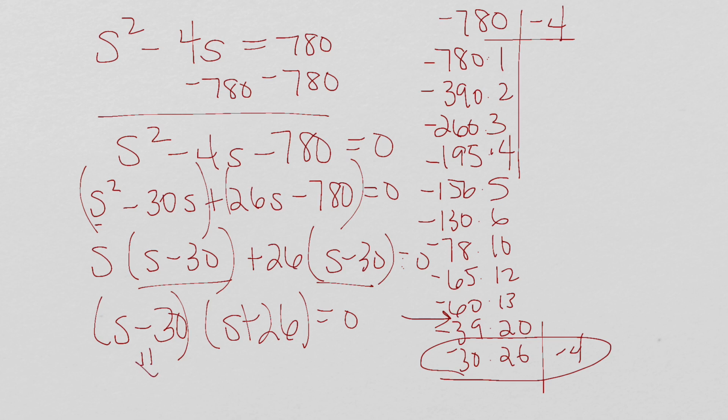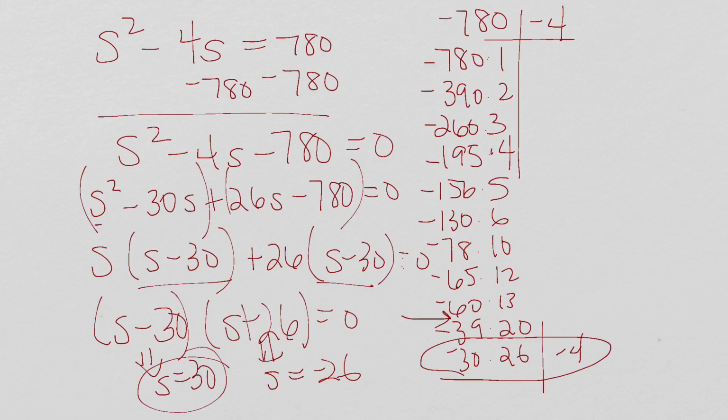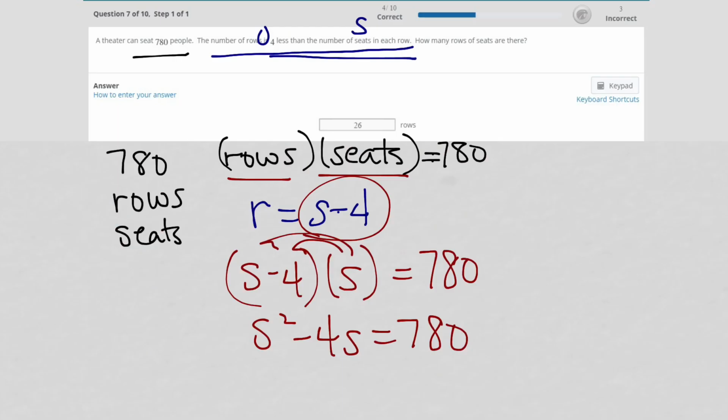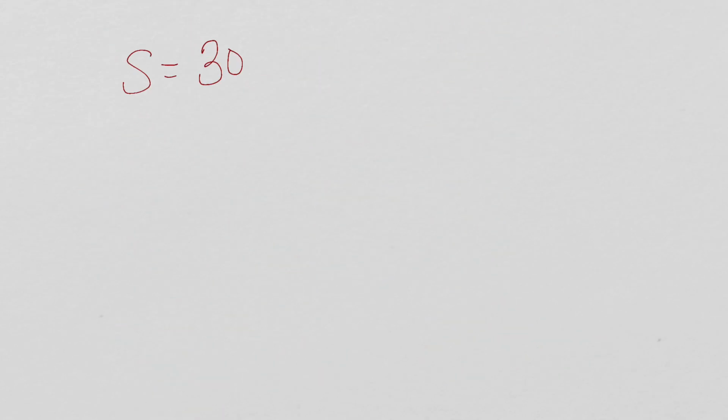Here, S is 30. Here, S is negative 26. I can't have a negative number of seats. So my seats are going to be 30. So going back here, 30 is the positive factor. So my seats are 30. If I go back to my first screen, I know that my rows is equal to my seats minus 4.